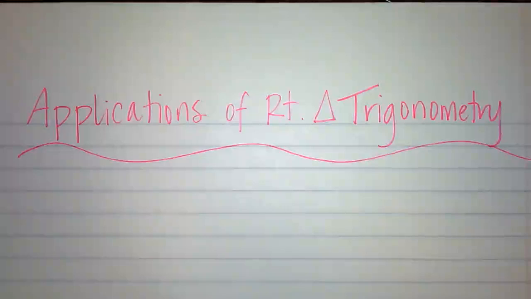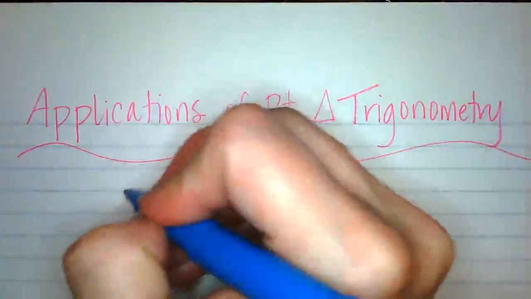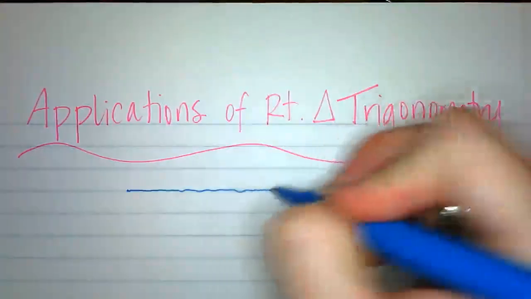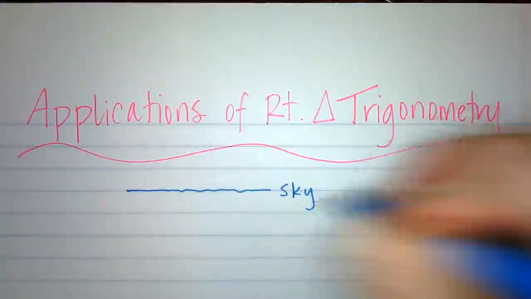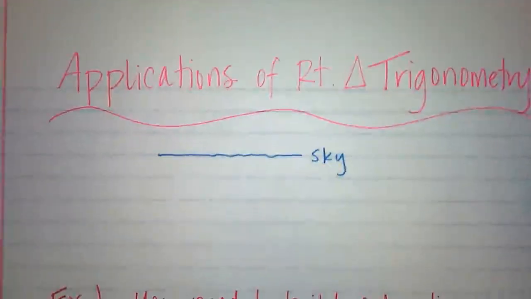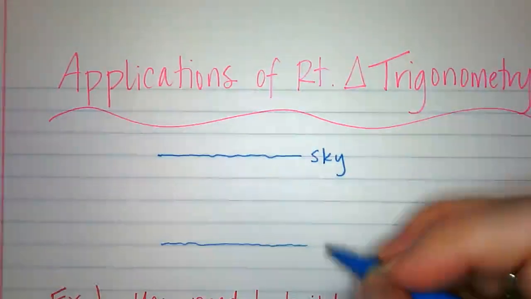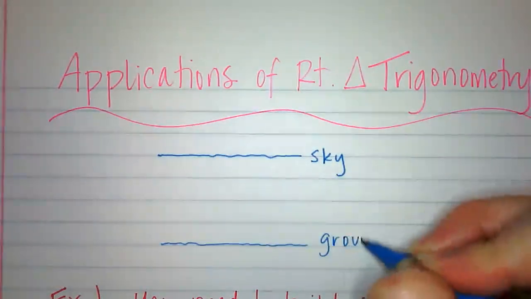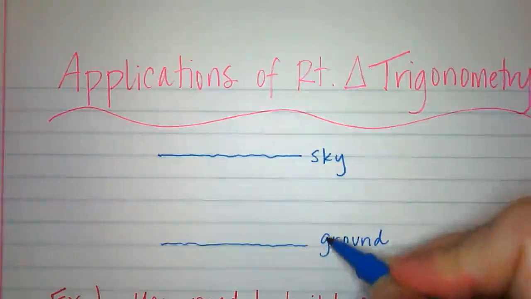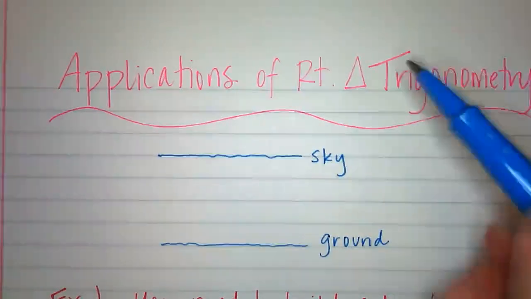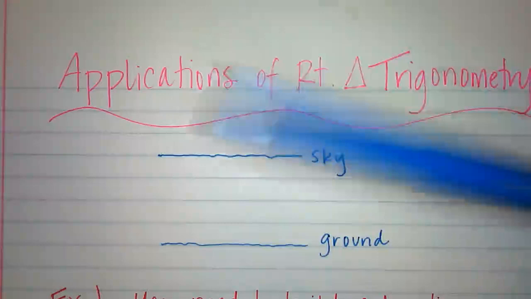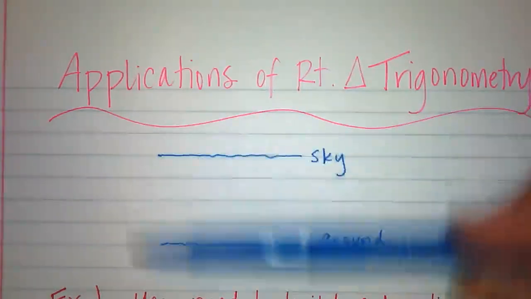So let's say this right up here is the sky, and right down here is the ground. Whenever we do word problems, we're going to take the sky and the ground to be parallel to each other.